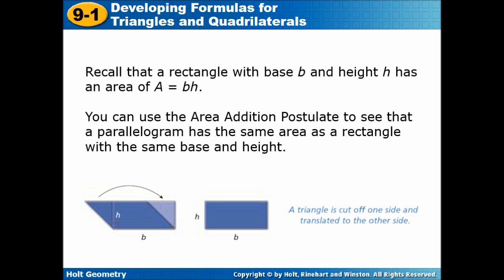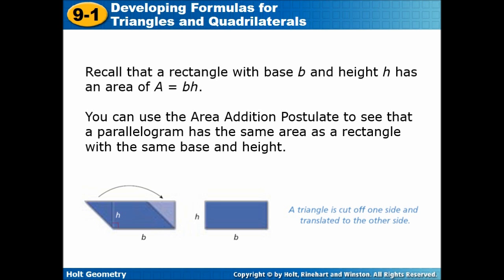Currently we're going to look at the area of a rectangle, and the common formula is A, or area, equals B, which is the base, times H, which is the height. You can use the area addition postulate to see that a parallelogram has the same area as a rectangle with the same base and height.